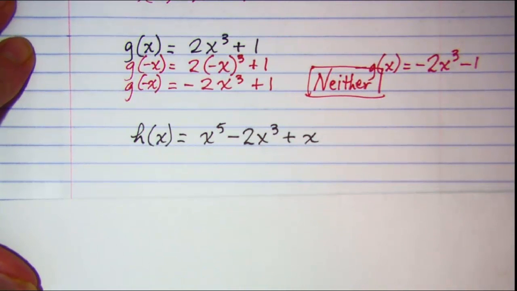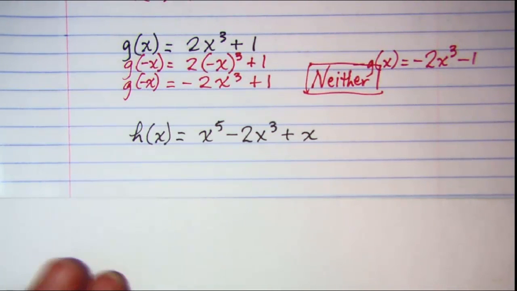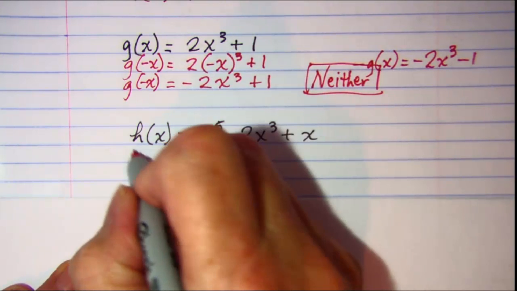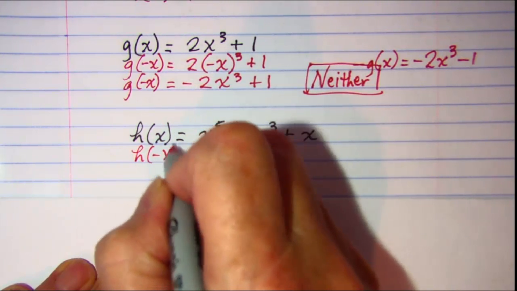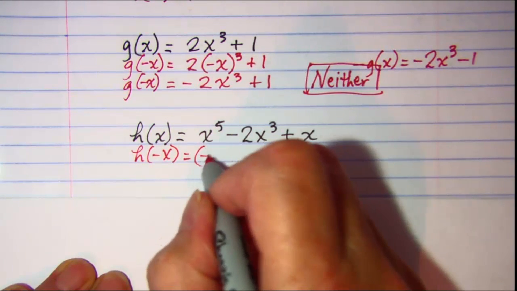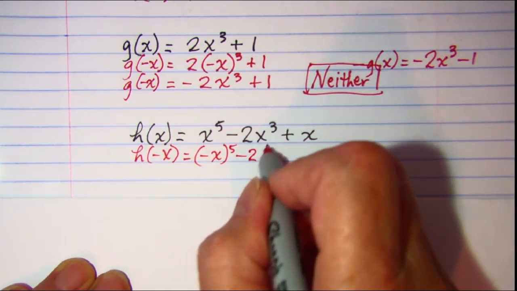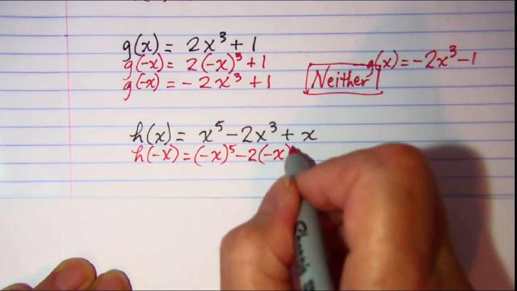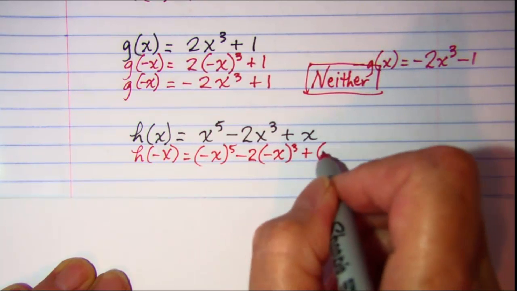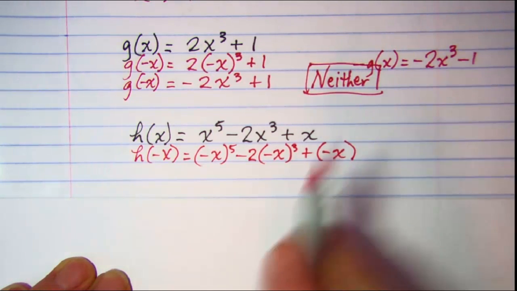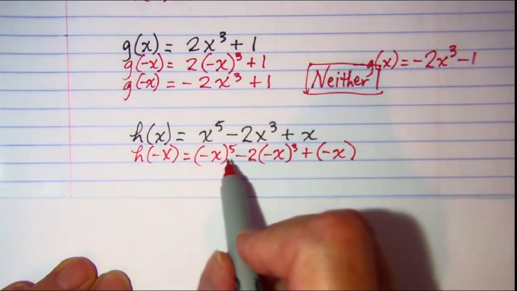Look at another one. h of negative x is negative x to the fifth power minus 2 times negative x to the third power plus negative x. Let's simplify this.